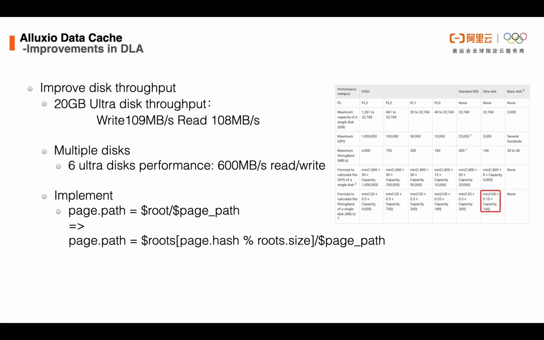For the disk throughput, we tested the Ultra disk and found that the throughput is only about 100 megabytes per second. But if we use multiple disks, the throughput will be increased. So we changed the cache storage path from one disk to multiple disks.